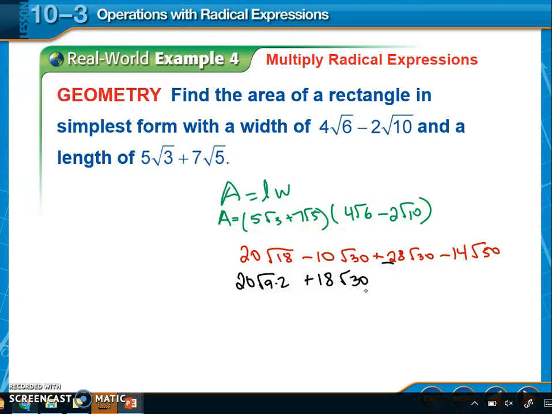And then 50, we can say that's the same thing as 25 times 2. So then simplifying, square root of 9 is 3 times 20 is 60, square root 2, plus 18 square root of 30. And then minus square root of 25 is 5 times 14 is 70.